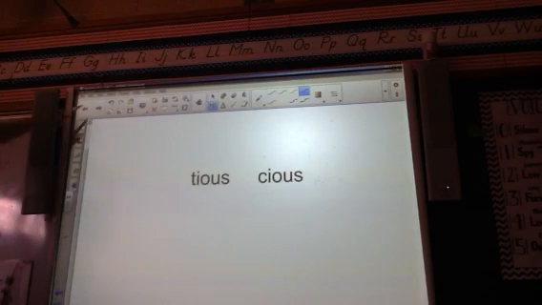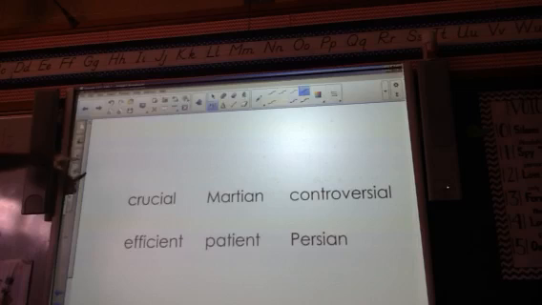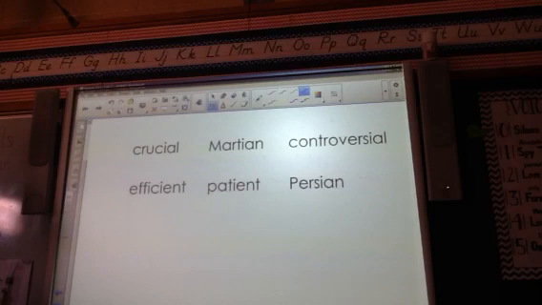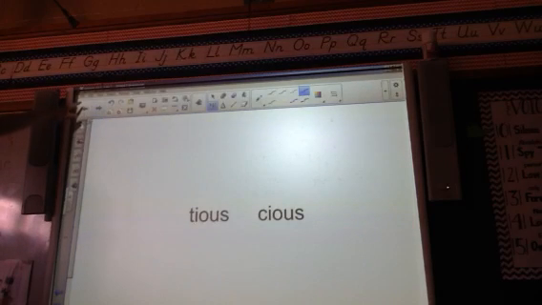Like these words, the T-I and C-I are making the sh sound. Sometimes you'll also find that S-I can make the sh sound. There are several other final stable syllables besides the ones that we learned yesterday.